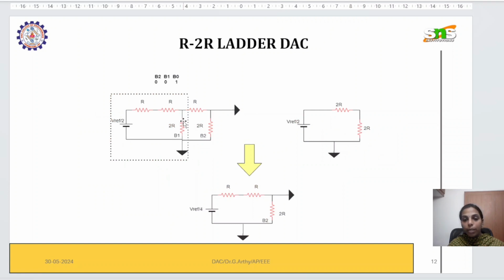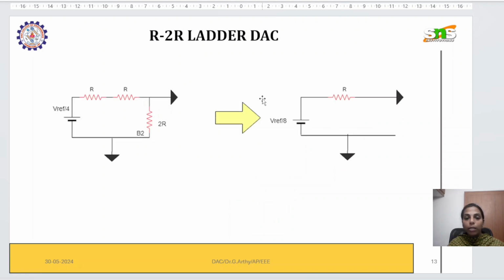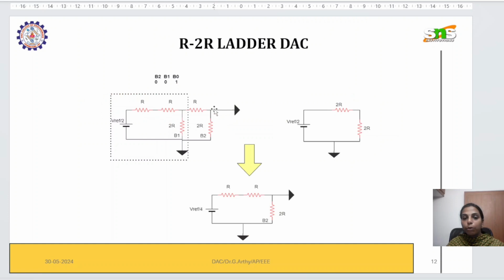Here, when you add these two, this is 2R, and here we have V reference by 2. Once again, when we simplify, instead of these two R we get a single R, and the voltage is V reference by 4.